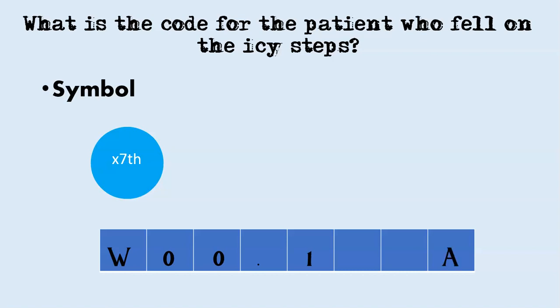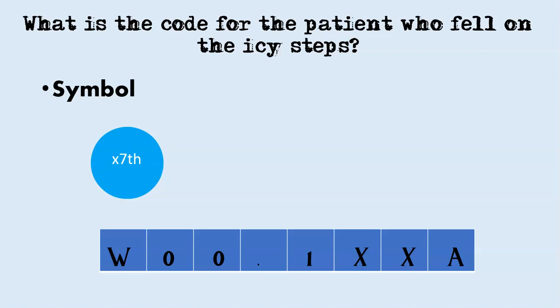The last character, A, is for the initial encounter. How many X placeholder characters would you add before the last character to code up to 7 characters? This is the correct ICD-10-CM code for the patient who fell on the icy steps.